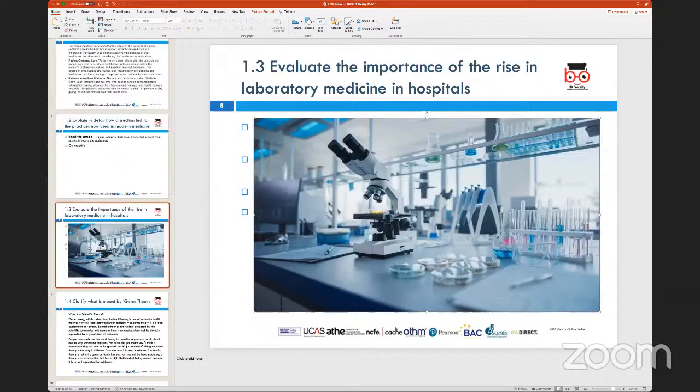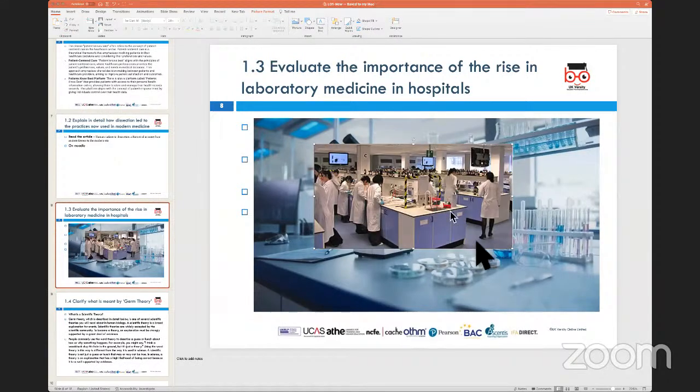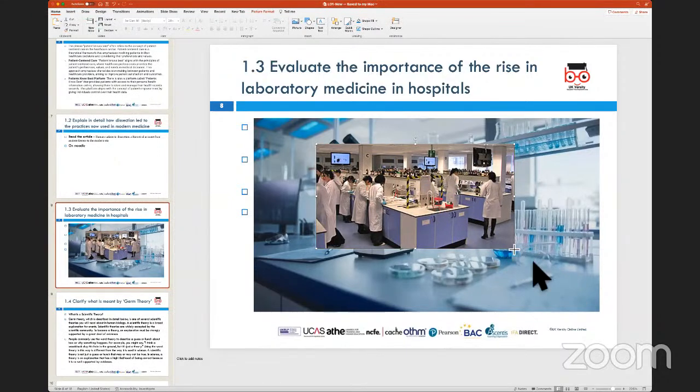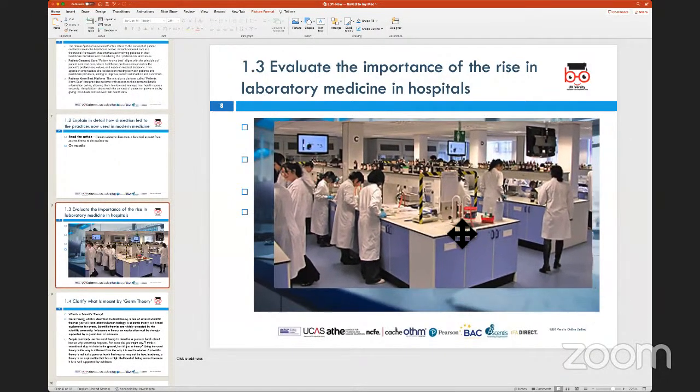Now, laboratories can be of many different types. This is just one picture which I've shown. Sometimes in schools, this is an example when you are doing experimentation in a chemistry lab, a botany lab or a biology lab. This could also be termed a laboratory.